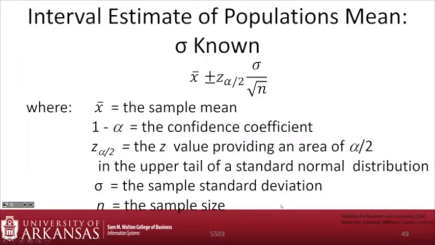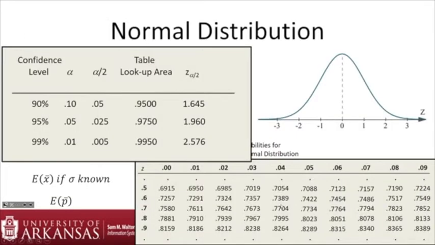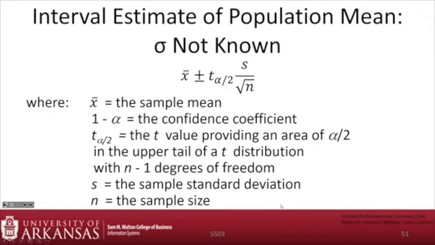We have formulas. We have this, which you can use if we know the population standard deviation. There's some math behind it. We're not going to get into it. This is the formula we use if we don't know the population standard deviation. It's the same thing. The only difference is where you're calculating the area under the curve.